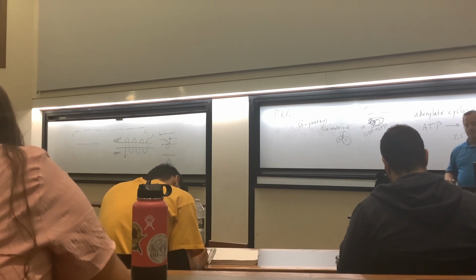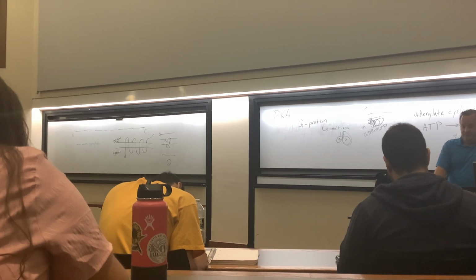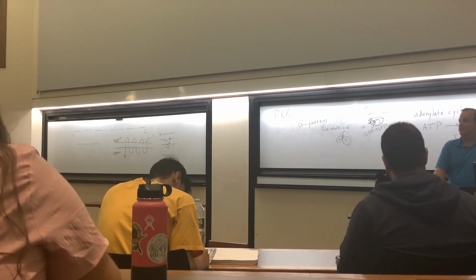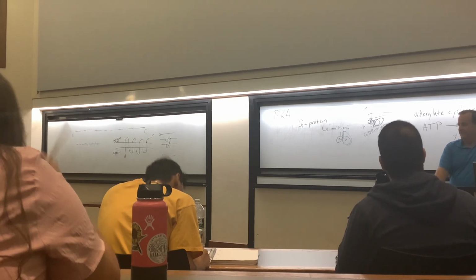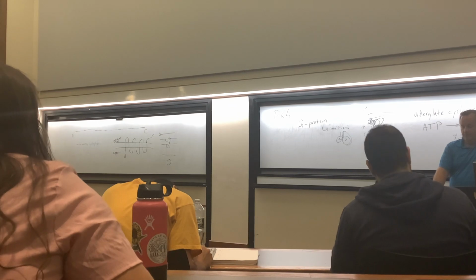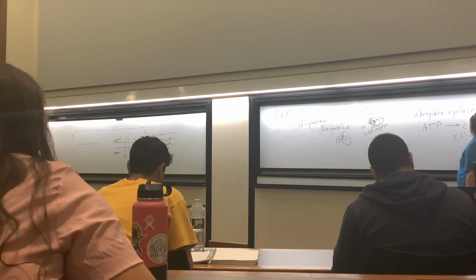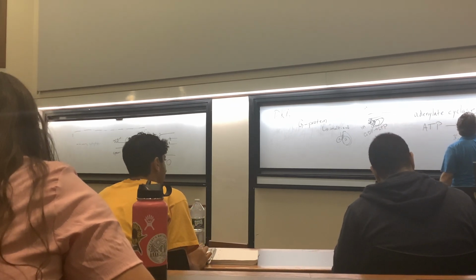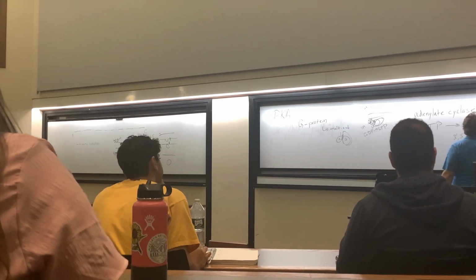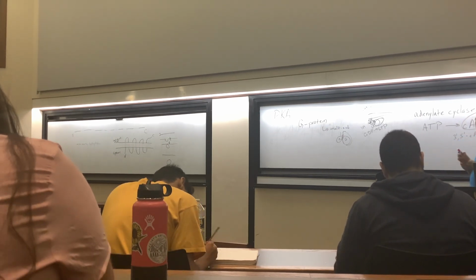Remember, the prime refers to the position of the carbons in the ribose component of that nucleotide. This cyclic AMP serves as a second messenger.